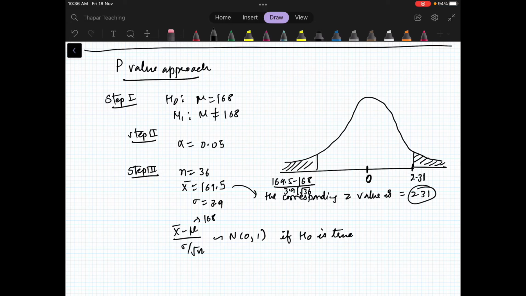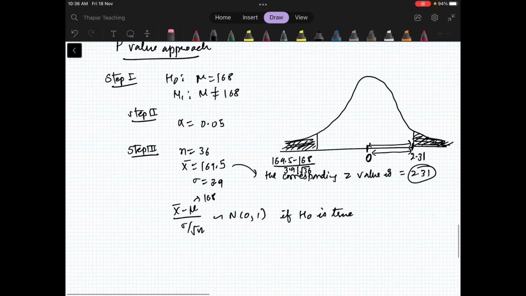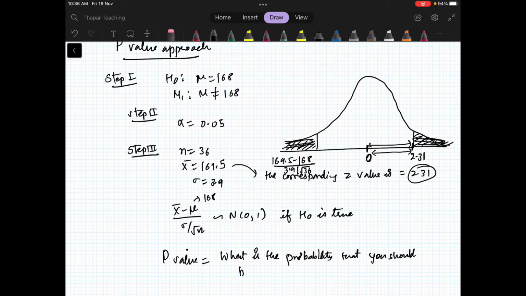So if I assume that h naught is true, what is the probability that I can reach this far, this away from the actual mean? That probability will be this area plus this region. Now the p value will be, what is this? This is telling you the probability that you should be 2.31 away from 0.